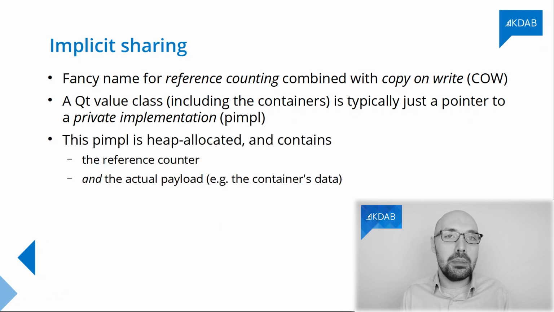And this part is heap allocated and contains at least two different things. It contains the reference counter for the reference counting mechanism for implicit sharing, plus, of course, the class-specific data. So if it's a vector, the list of elements, the size, the capacity, stuff like that. If it's an image, the image data, the format, the width, the height, and stuff like that. Okay, so it's pretty straightforward stuff.